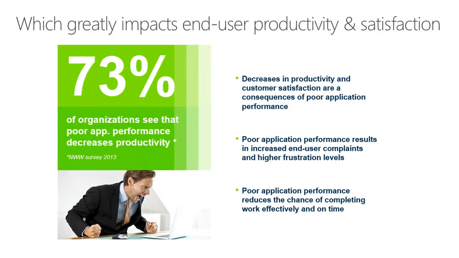Clearly, that's not what we want to see when we're deploying collaboration tools in unified communications. This impacts customer satisfaction. It increases the number of complaints about the network, the applications, the cost of doing business. And of course, it makes it much harder for users and organizations to actually get their work done effectively on time and in budget.